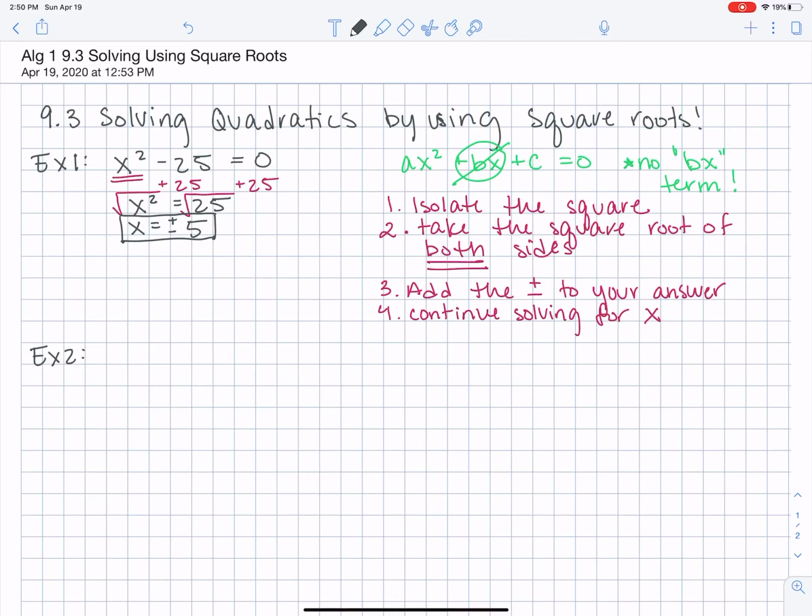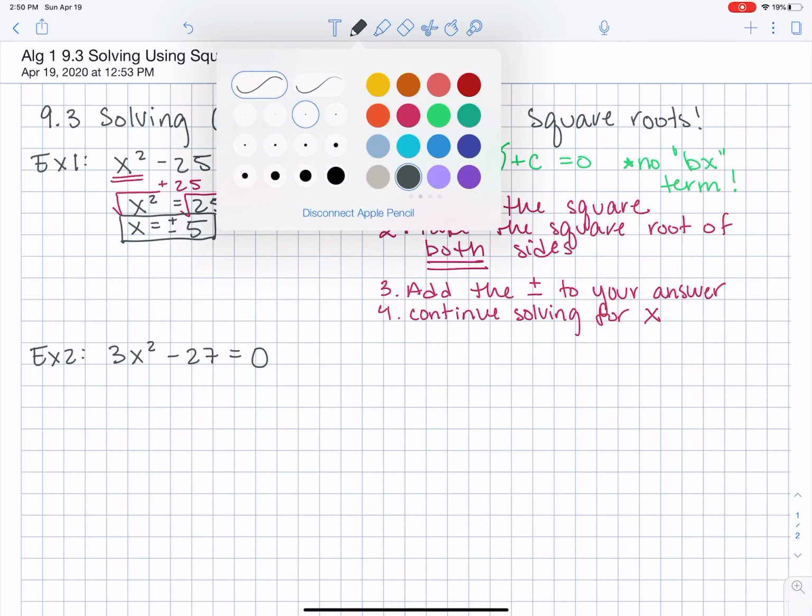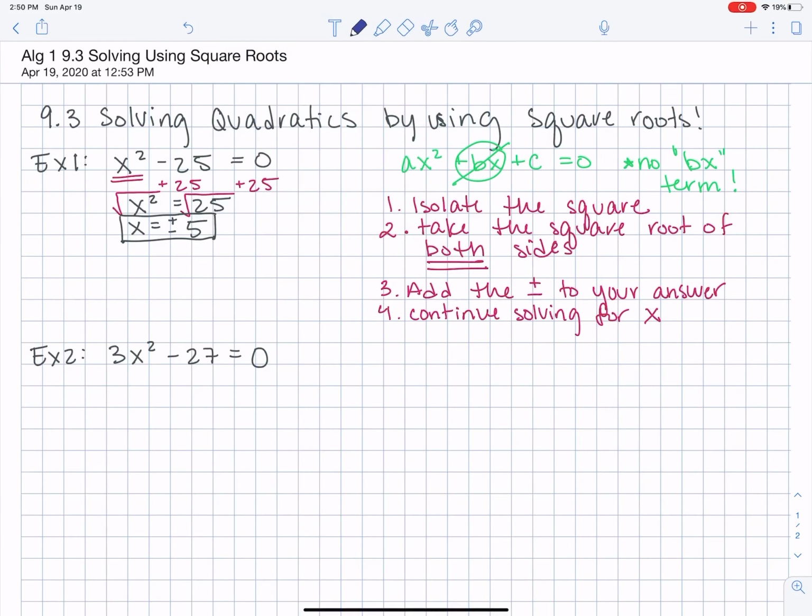Example 2 is going to have a little extra steps in terms of taking these square roots. So 3x squared minus 27 is equal to 0. So again, step number 1 is that I have to isolate that square. I always think it's a good idea to underline what's squared, kind of like we underlined that absolute value before, and that's that x squared.